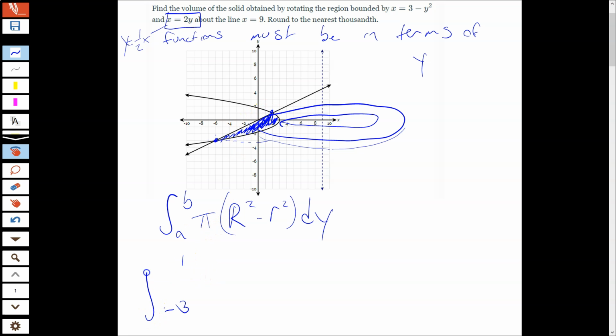So the integral from -3 to 1, pi, and then my big R is going to be my leftmost function's distance from my axis of rotation.